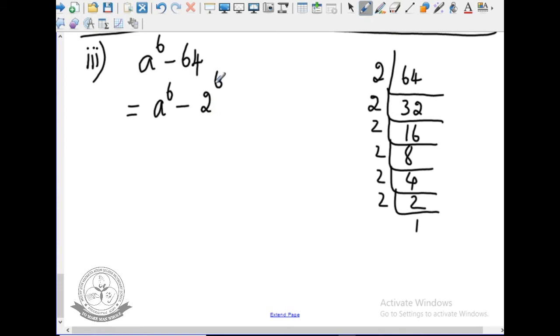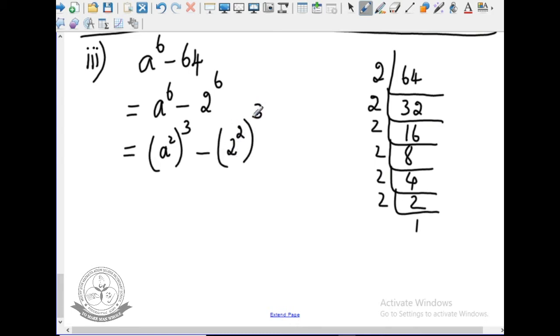We can write a power 6 as a square whole cube, since 2 threes are 6. We don't have a direct formula for power 6, so we make it a square whole cube. Like this, 2 power 6 also you have to make it 2 square whole cube.